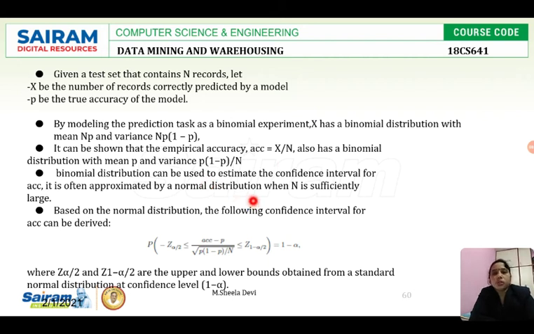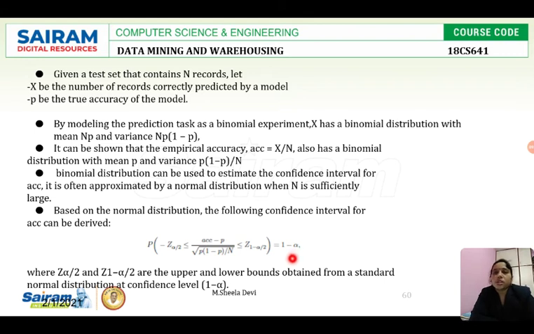So what we are going to do is estimate the confidence interval using the binomial distribution now. That is why we learnt about the binomial distribution in the previous slide. Based on the normal distribution, the following confidence interval for accuracy can be derived. We calculate the confidence interval for the accuracy using the formula: minus Z alpha by 2 should be less than or equal to (accuracy minus p) divided by the square root of p into (1 minus p) by n, which should be less than or equal to Z 1 minus alpha by 2, which is equal to 1 minus alpha.